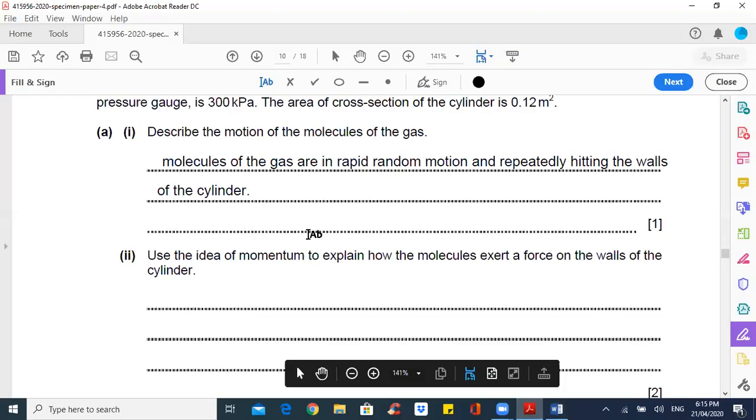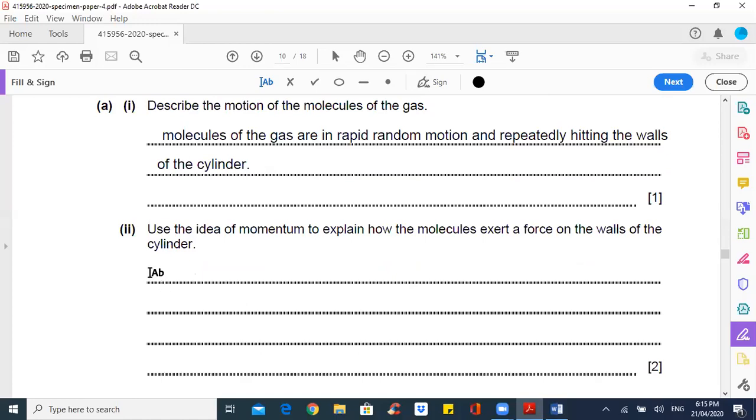So they're asking us here, use the idea of momentum to explain how the molecules exert a force on the wall of the cylinder.